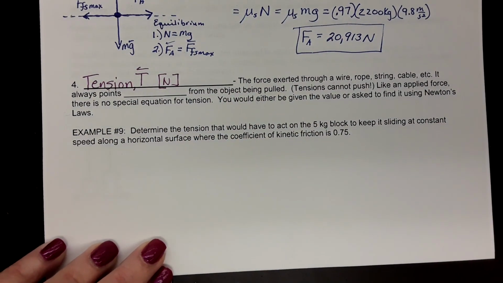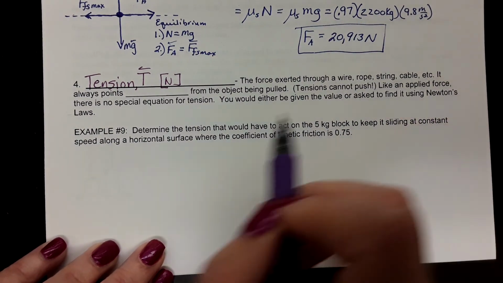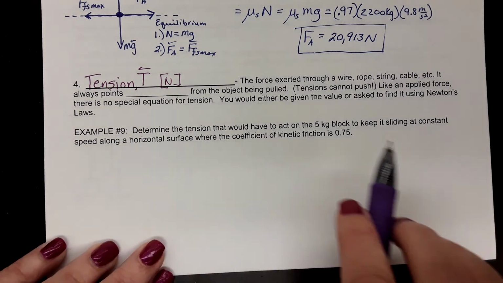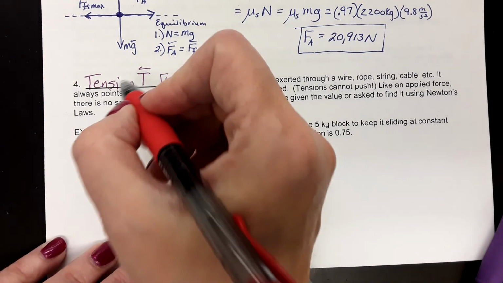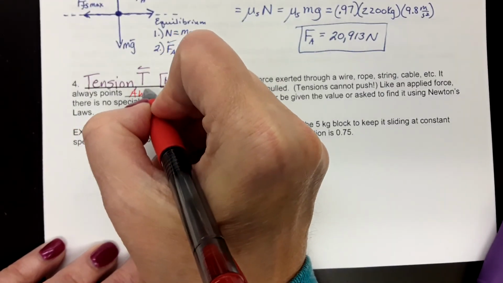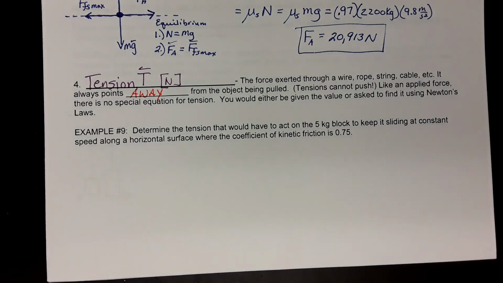Now, tension force is a force exerted through a wire, rope, string, cable, tether, thread, anything flexible that you can use to pull. And one thing you have to note about tension is that it always points away from the object being pulled. In other words, tensions cannot push.